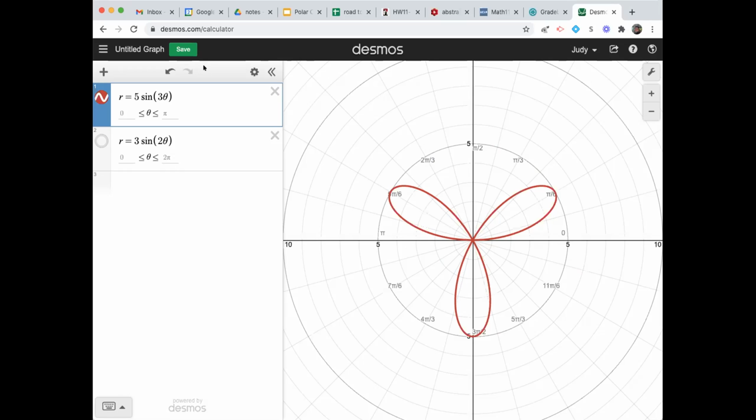Remember when we did the circle earlier and I said, if you go from 0 to pi, you actually get the whole circle? And so if you go from 0 to 2 pi, you actually had 2 circles right on top of each other. This is like that same idea, okay?